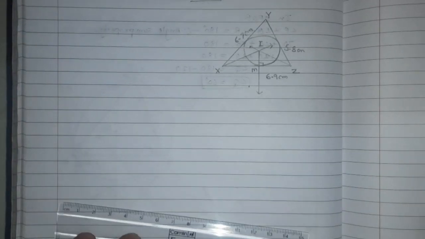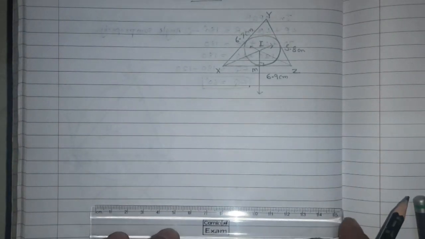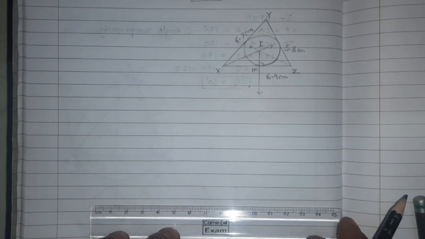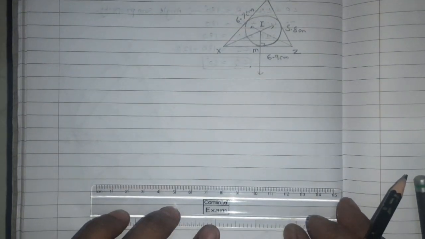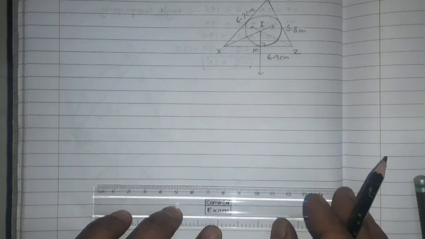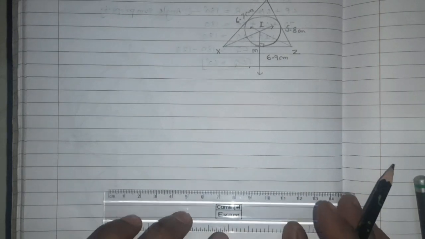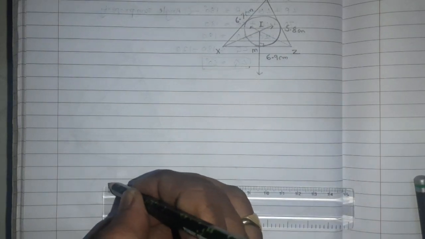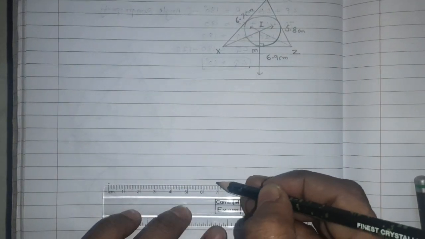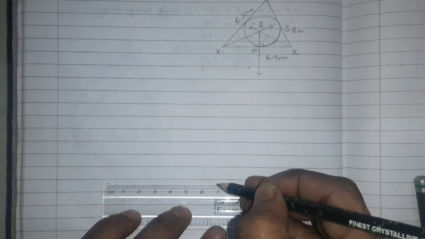For that purpose, see dear student, we have to take XZ as a base. Now it is 6.9 centimeter. From this 0, and here it is 6.9.